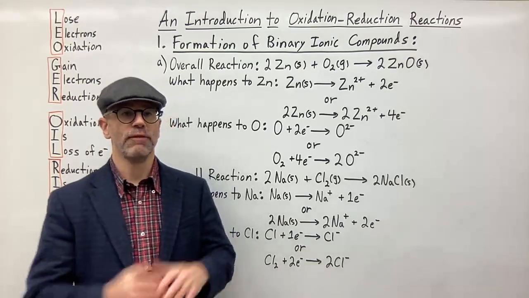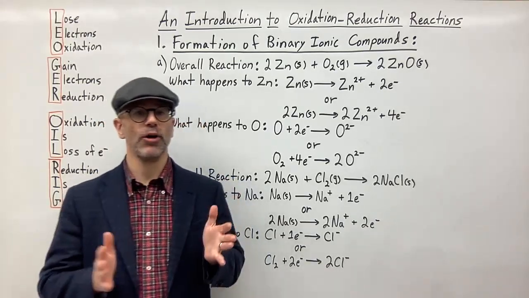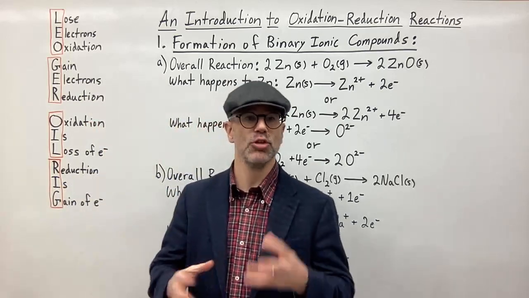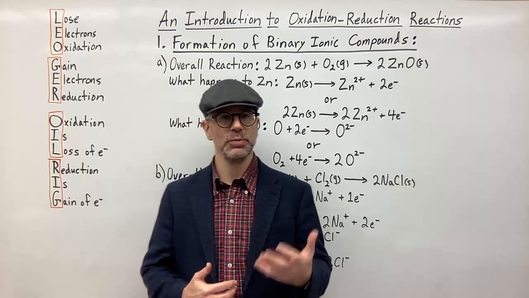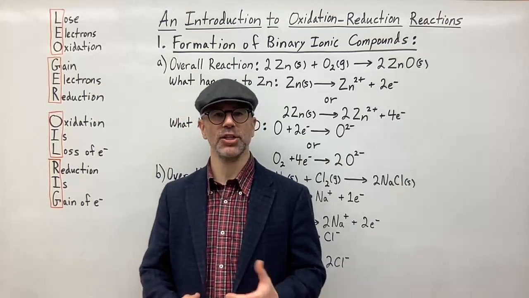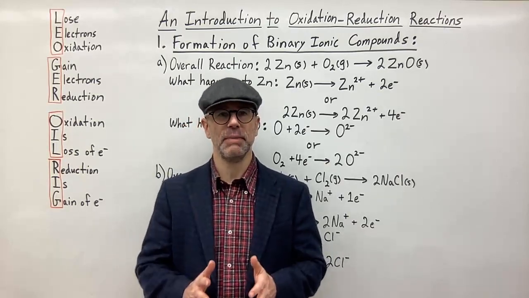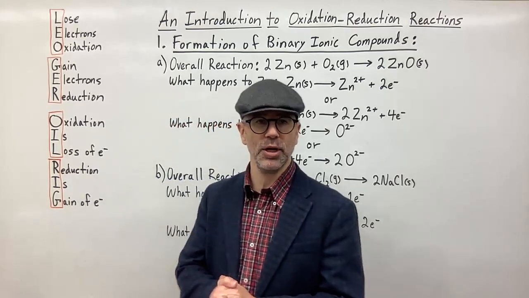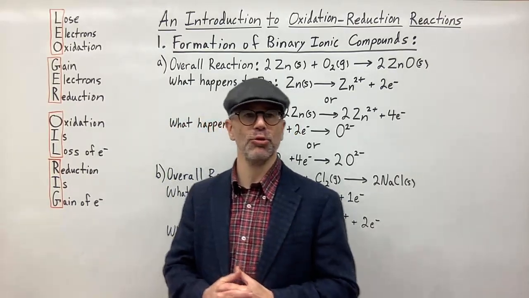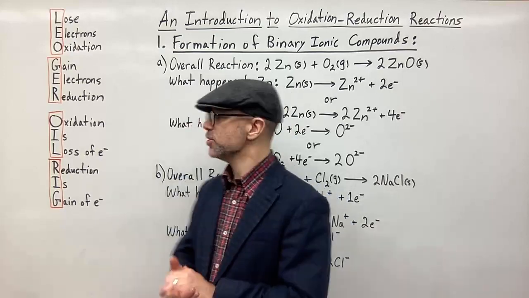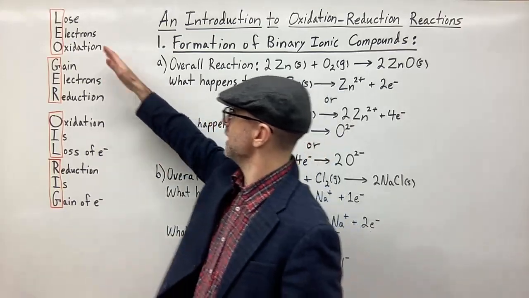Okay, so the first thing I want to go over before anything else is this mnemonic device that I think will help you remember the difference between oxidation and reduction. So it's really important to keep this in mind. I have a couple of mnemonic devices, that is, phrases that will help you remember the difference. The first one is Leo Grr.